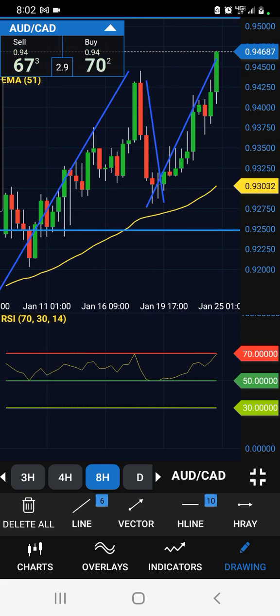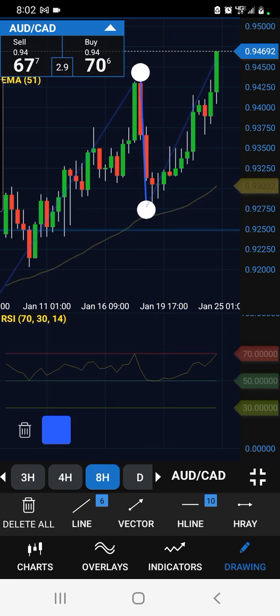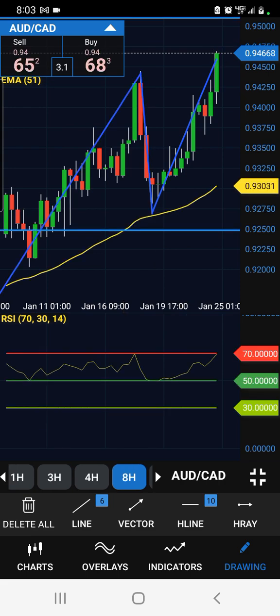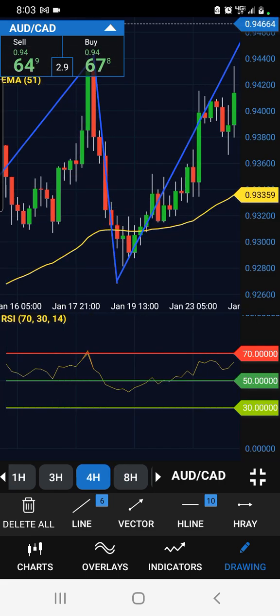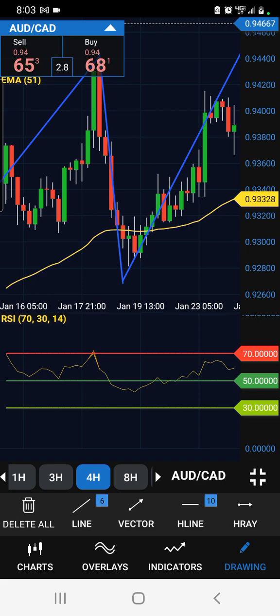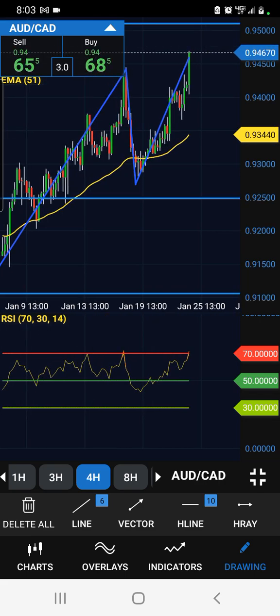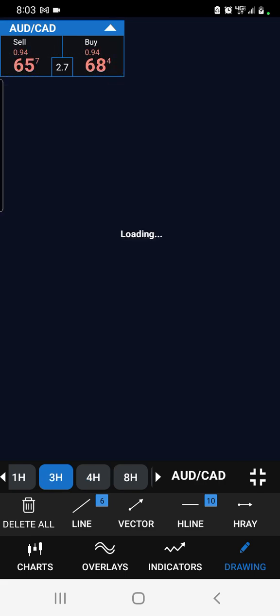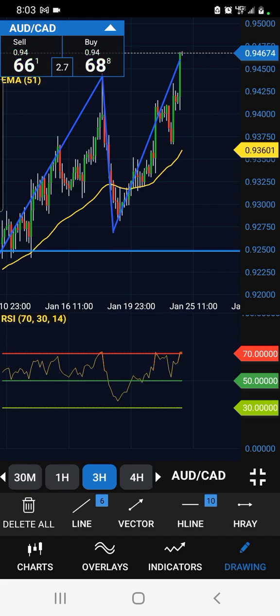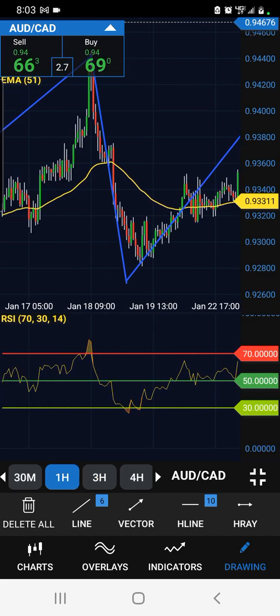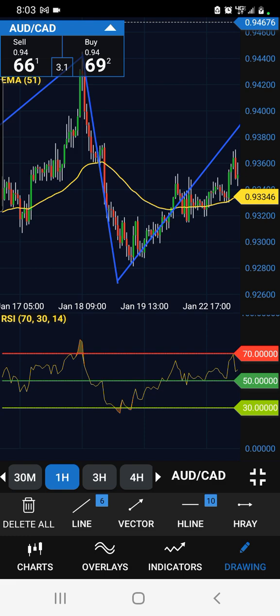Let me tidy this up a little bit. So I went to a lower time frame to look for a possible trend change from a downtrend to an uptrend.